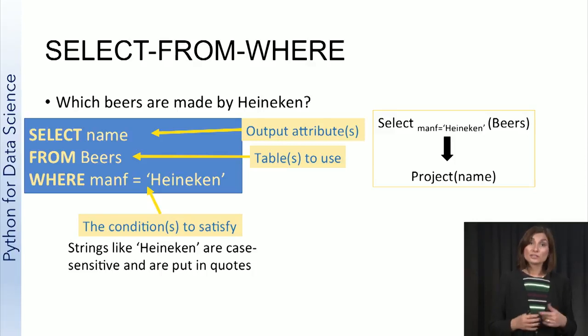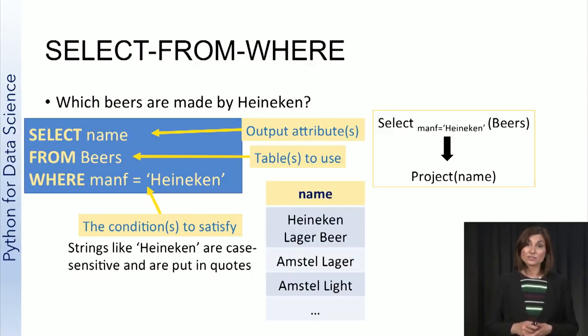So, the selection operation finds all tuples in beers for which the manufacturer is Heineken, and from those tuples it projects only the name column. The result of this query is a table with one single attribute called name. This would be a column in Pandas or a series object.